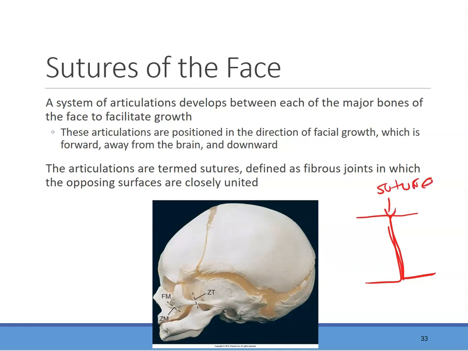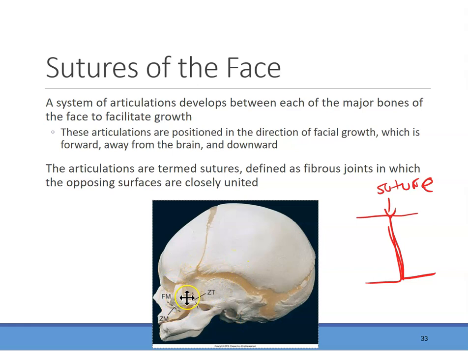I cannot write today. Okay, so when we're looking at sutures, there are 3 sutures that I want you to know that are on the base of an embryo. There is the ZT, the FM, and ZM. And the way this works is the first Z stands for zygo, or comes from the zygomatic bone.